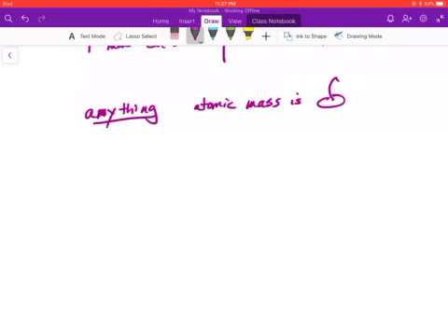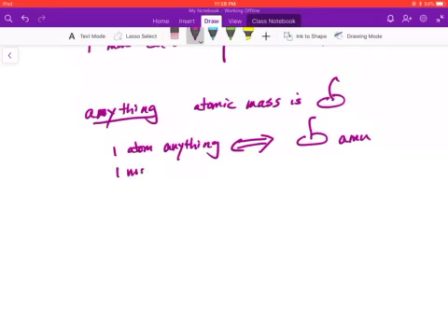What happens is that one atom of the anything is equivalent to that number of AMU, and 1 mole of this anything is equivalent to that number in grams.